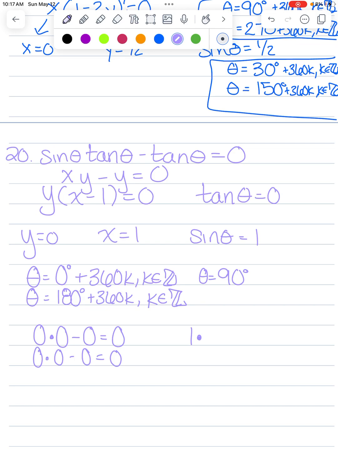Given that that is undefined, that becomes an issue for this problem, because you can't plug 90 degrees into this. So question 20 should be 0 plus 360 degree k and 180 plus 360 degree k, which by the way, you can simplify that down.